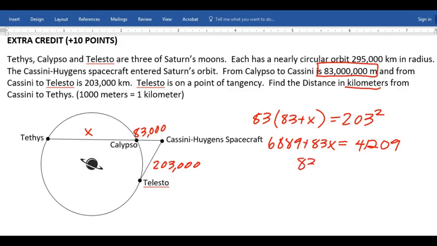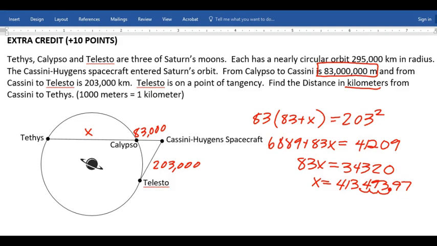So that's going to get me 83x equals 34320. Then I would divide that by 83. So x is equal to 413.49397. Now what am I going to have to do? I'm going to have to move my decimal 3 places, so it's going to end up right there, because that's basically what I did when I took those zeros off.